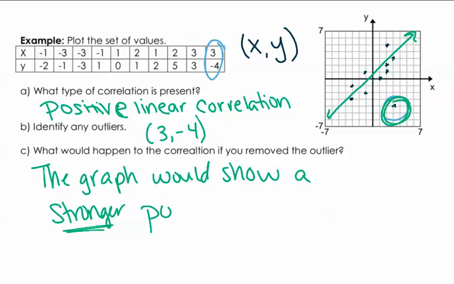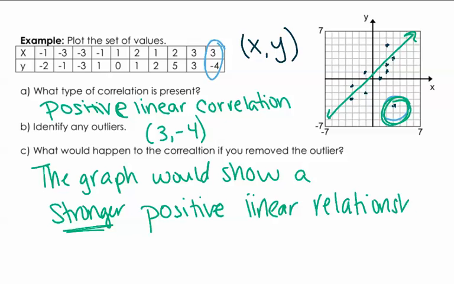We already talked about it being a positive linear correlation, and you can say correlation or relationship, whatever you want to go with. Just be complete with your statement and make sure you're indicating that the relationship is going to be stronger because the data points are going to be pulled closer to that best fit line.